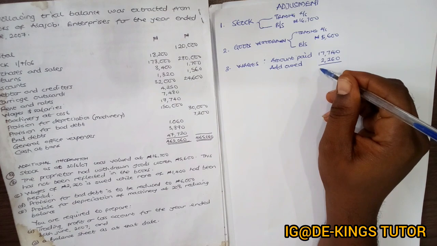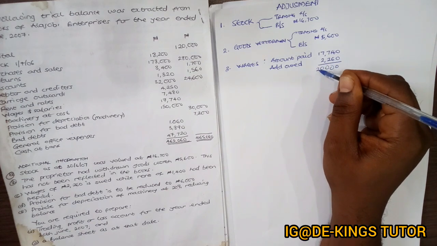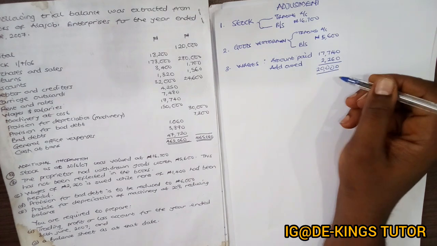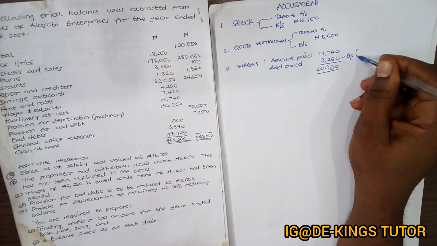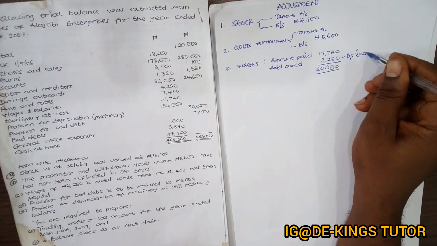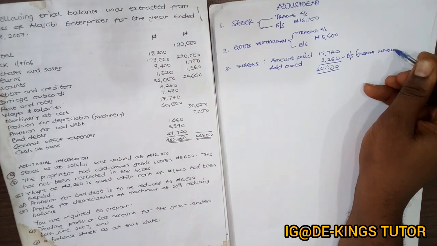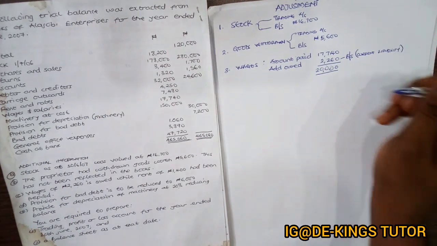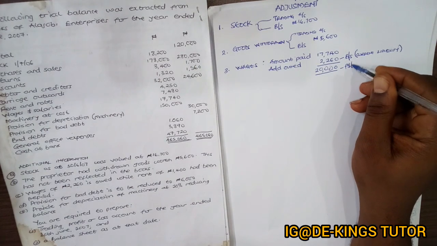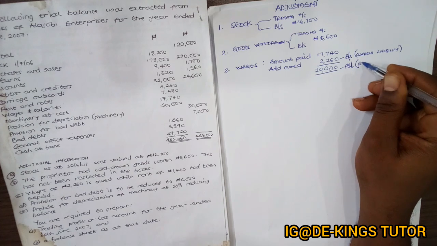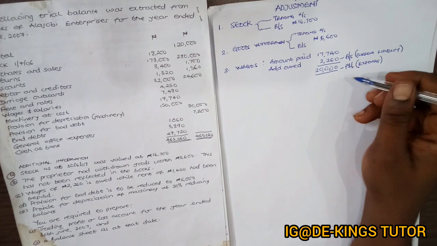If we add it together, it gives us 20,000. This is the amount that will go to the balance sheet under current liability, and this is the amount that will go to the profit or loss account as expenses. So these are where these items will occur.